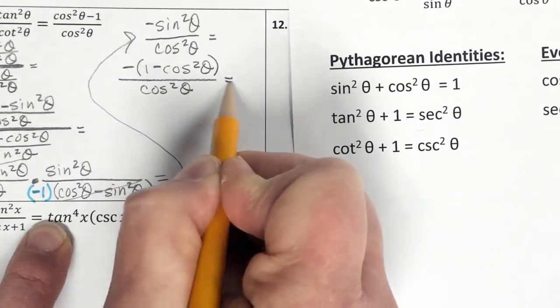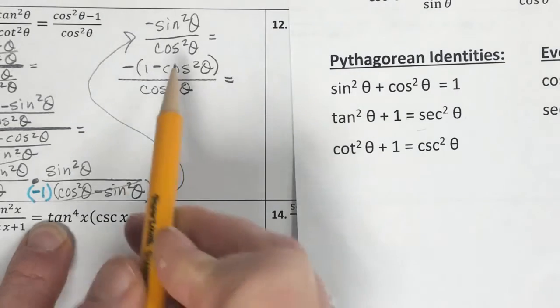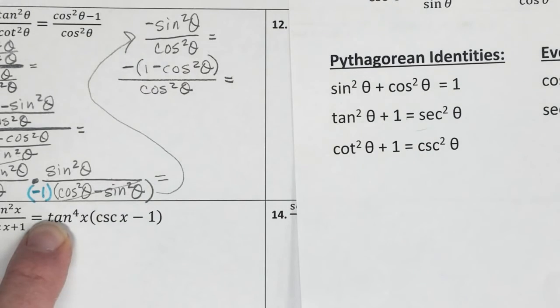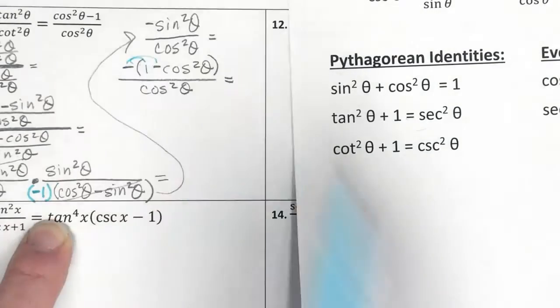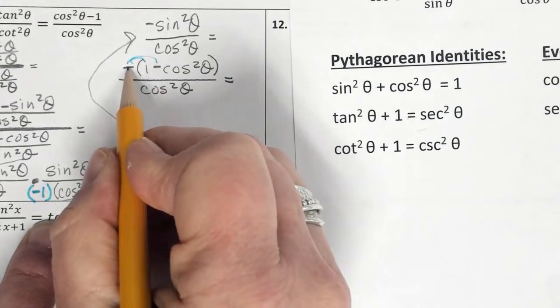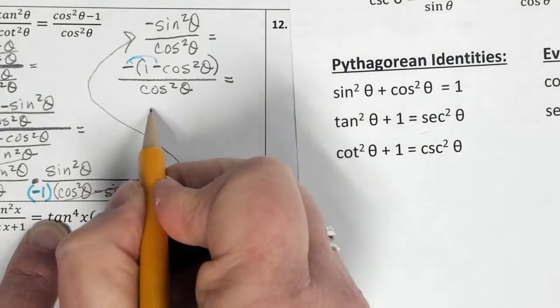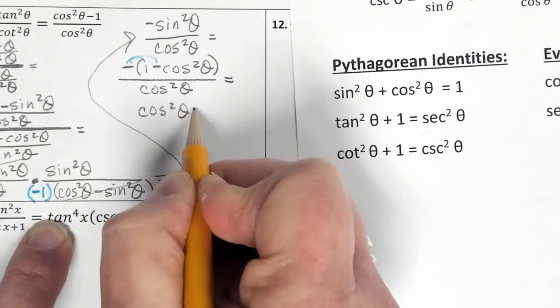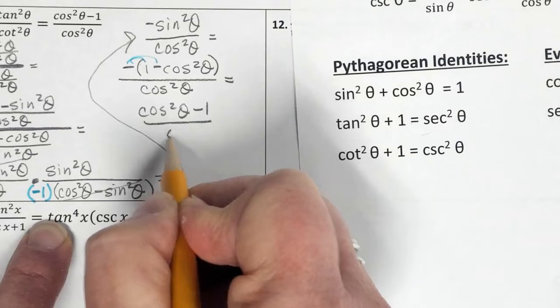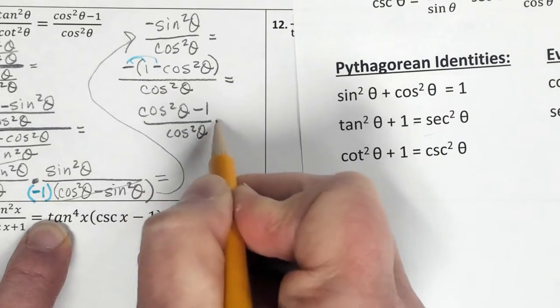We're going to leave the denominator the way it is. And then you can show me that that negative is going to distribute to both terms. And then you will have a negative cosine squared. So then you have positive cosine squared theta. You will have a negative 1 over your cosine squared.